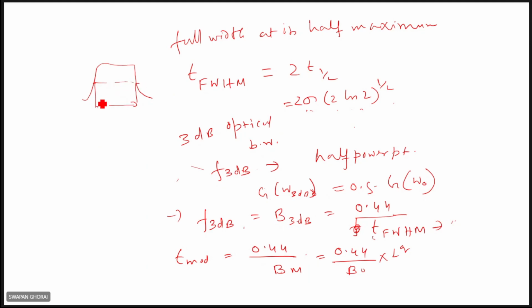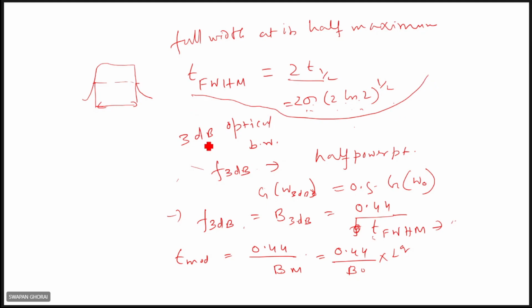So twice t half is twice sigma, twice ln2 whole to the power half. Now we are getting the full width at half maximum for Gaussian response.